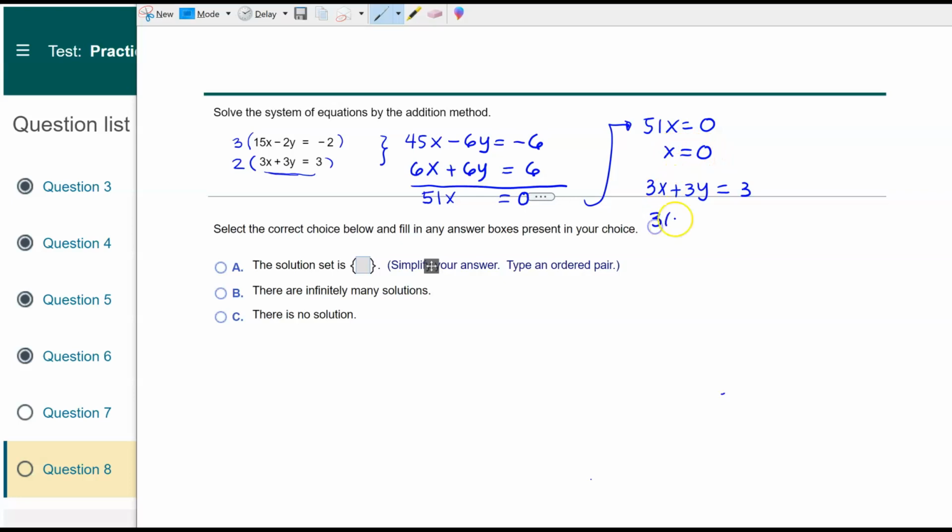So 3 times 0 is just 0, plus 3y equals 3. 3y is 3, therefore y is equal to 1 when you divide both sides of the equation by 3. So the y coordinate is 1, the x coordinate is 0. The solution set is an ordered pair, (0, 1). That's the solution set.